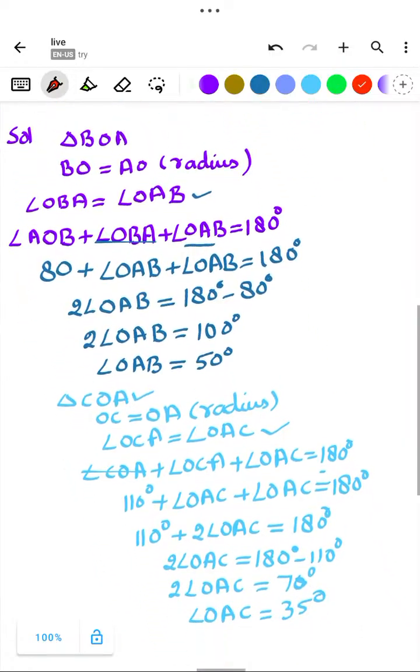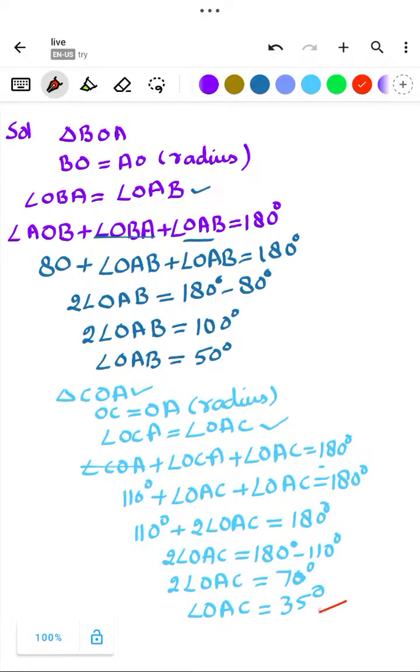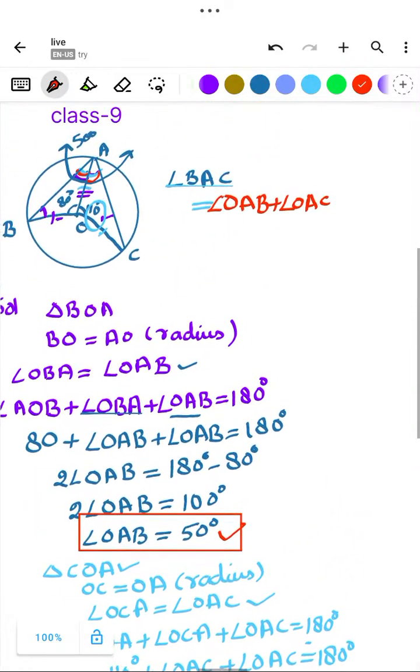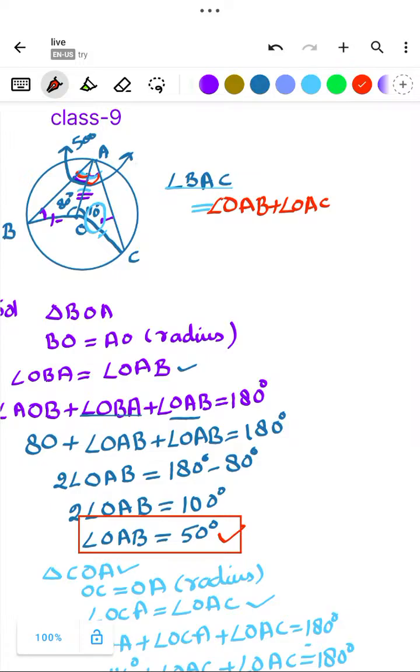OAC we have calculated 35 degree, and OAB we have calculated 50 degree, right? This was 50 degree here in the first part, and OAC was 35 degrees in this part. So we will substitute the value here. This will be equal to 50 plus 35, that is angle BAC is equal to 85 degree.